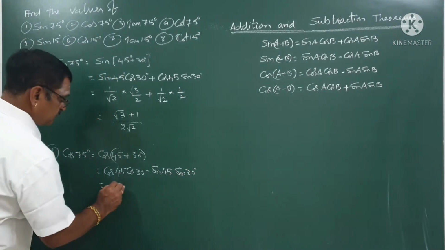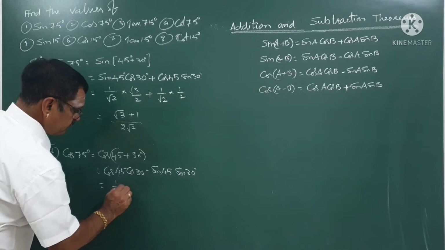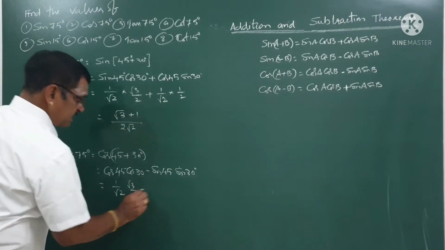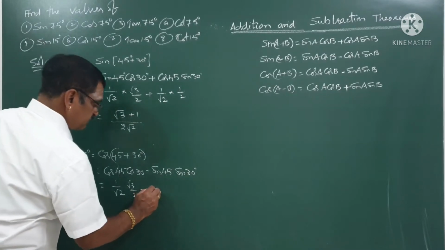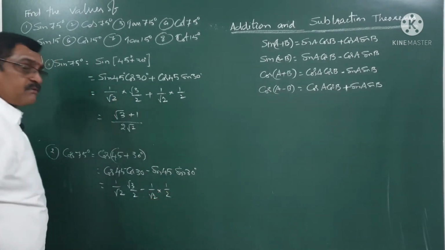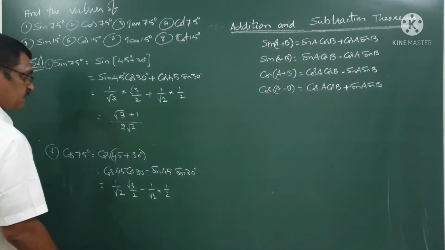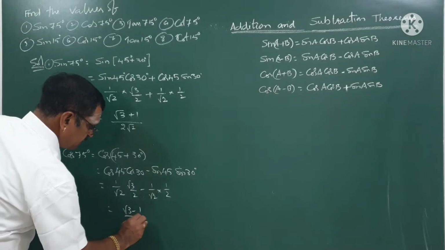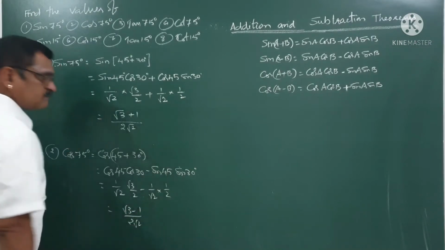Cos 45 is nothing but 1 by root 2 and cos 30 is root 3 by 2, minus sin 45 is 1 by root 2 whereas sin 30 is 1 by 2. If you simplify this you get root 3 minus 1 by 2 root 2.